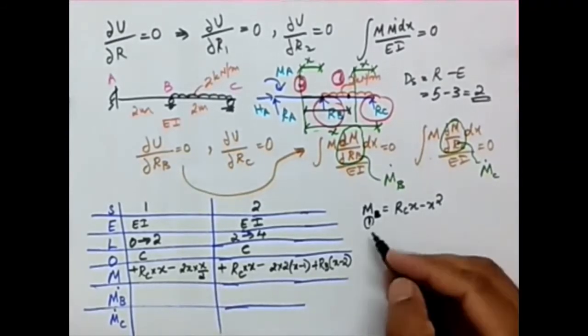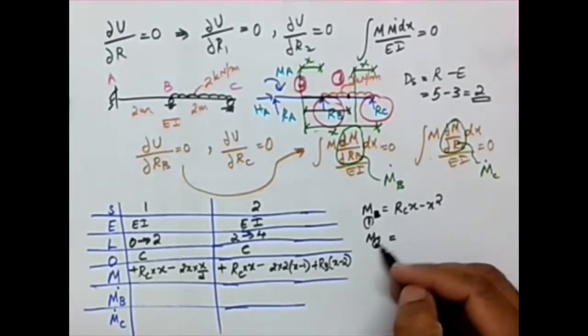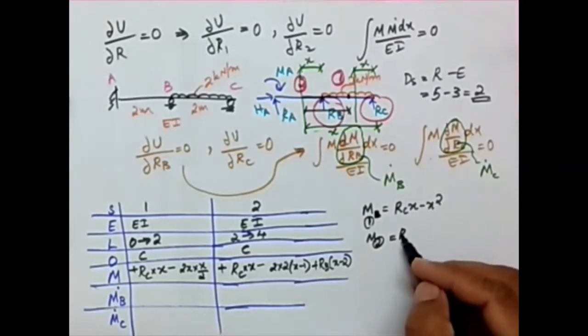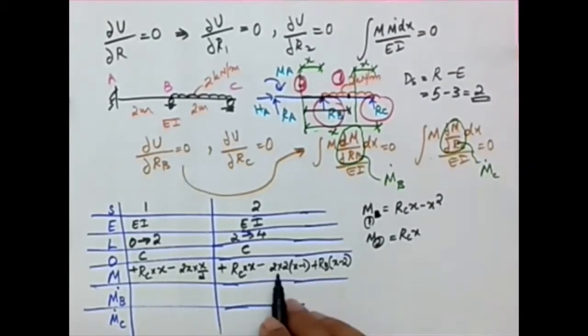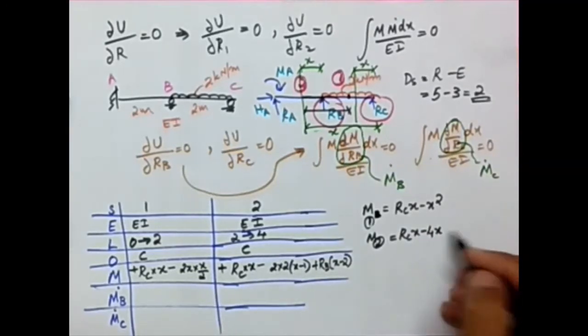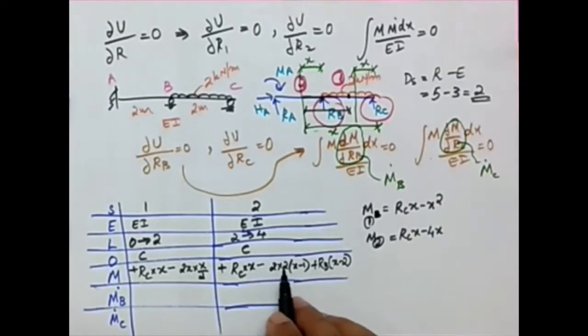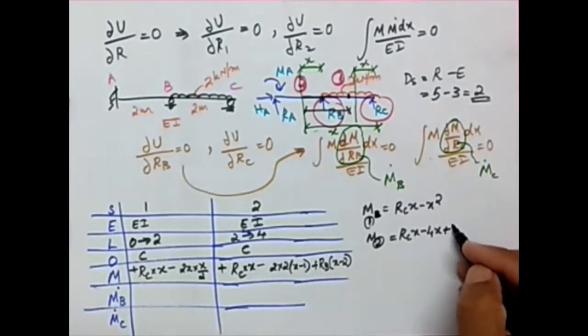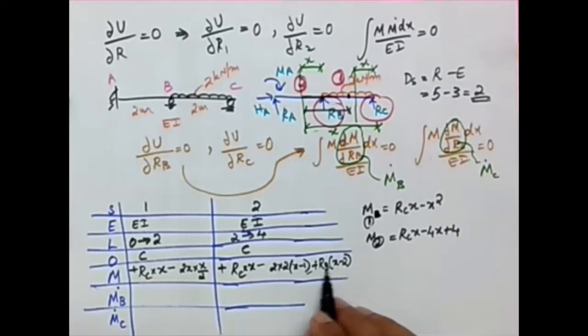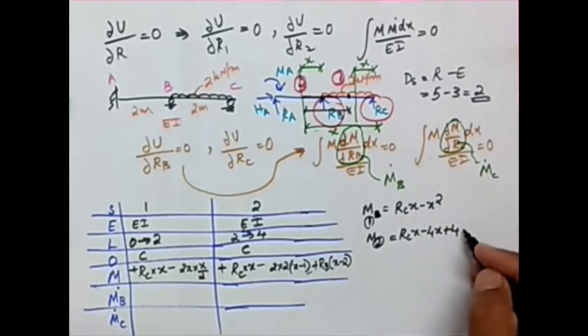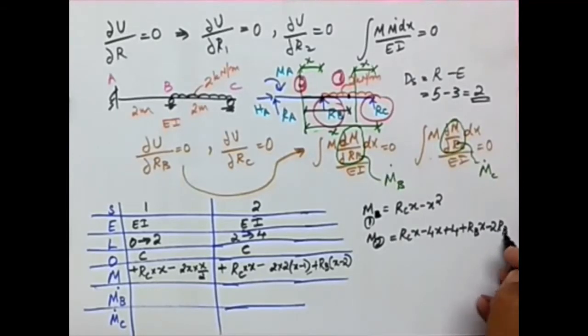If I reduce the second, I get M2 is equal to RCx minus 4x, then minus 4 times minus 1, so plus 4, and RBx minus 2RB.